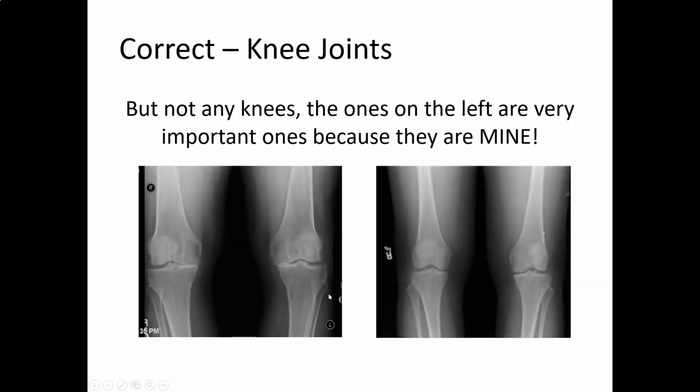So looking at the next one, let's compare it to a normal structure. This side over here are normal knees, and this side over here are actually my knees. So this is probably the more important structure. And notice right here on the medial side, there is no separation. For those of you that have studied a little bit about x-rays, you probably understand that the cartilage does not show in an x-ray.